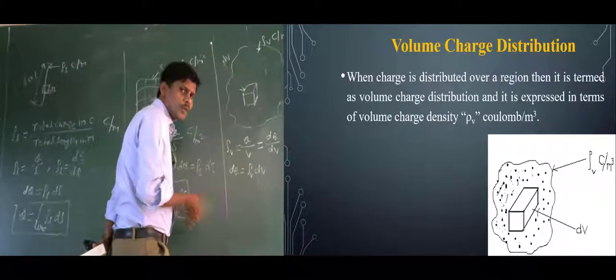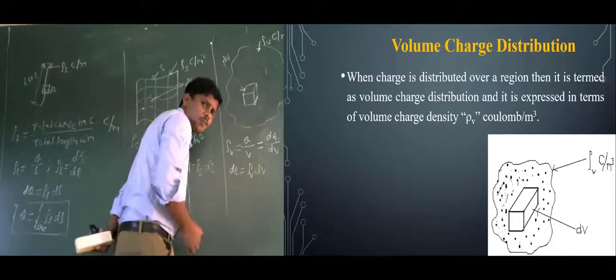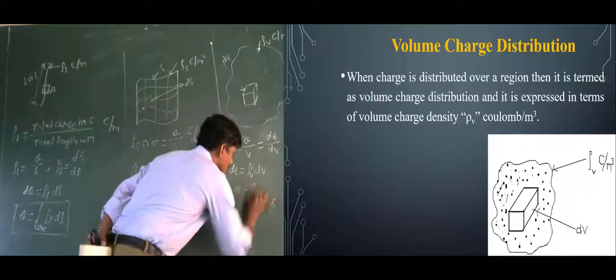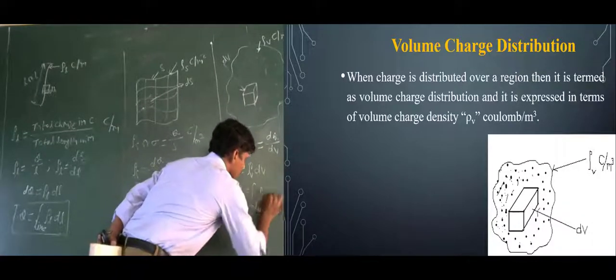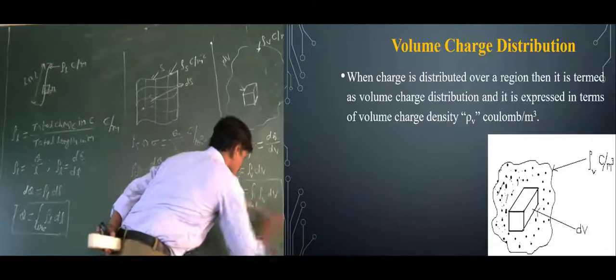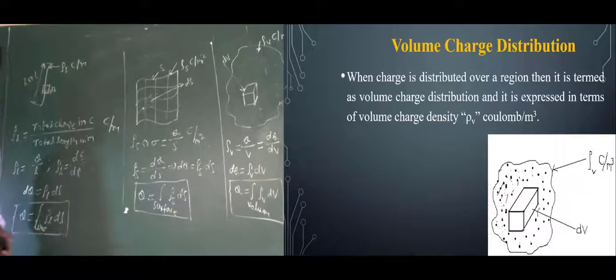Next, find out the total charge due to volume charge distribution. Integrating on both sides, we get the total charge due to volume charge distribution. And this is the equation of total charge due to volume charge distribution.